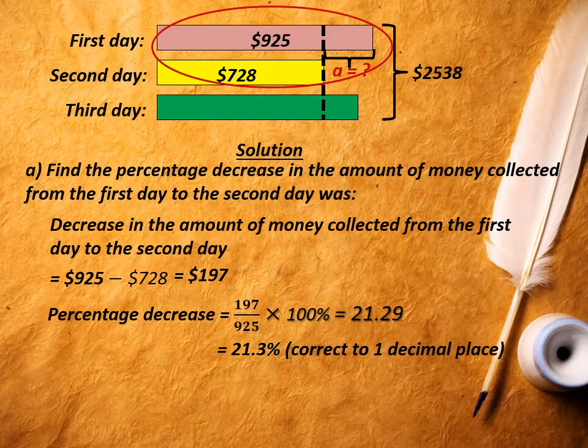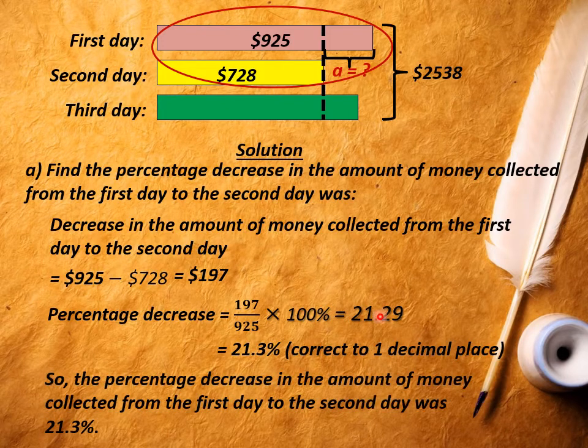Do you still remember? Here is one decimal place, or we can call it the tenth place. So to round off to one decimal place, you look at the digit in the two decimal places. When it is 9, we round up. So the answer becomes 21.3%. So the percentage decrease in the amount of money collected from the first day to the second day was 21.3%.